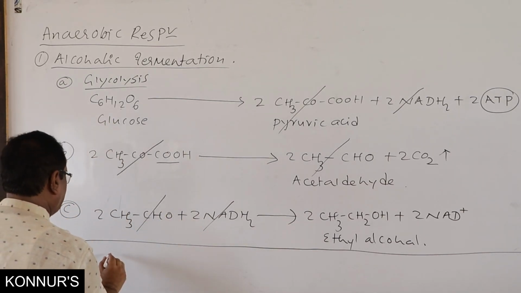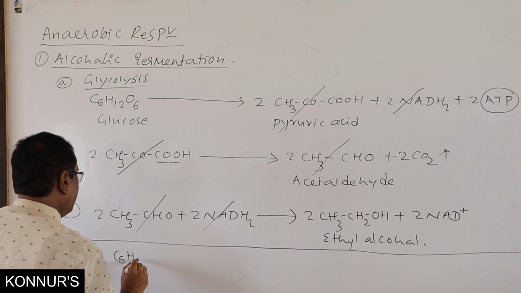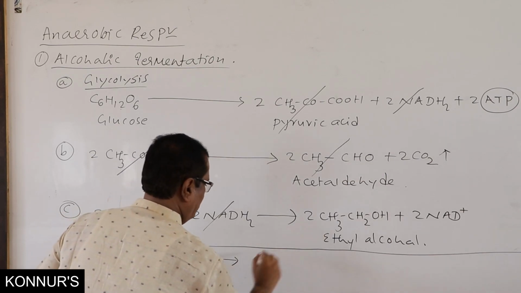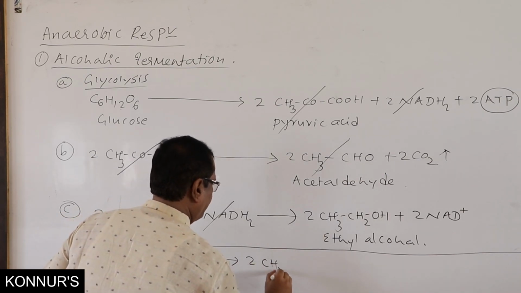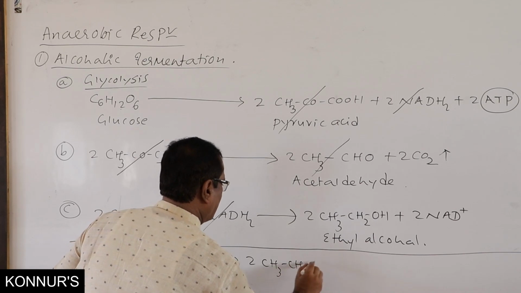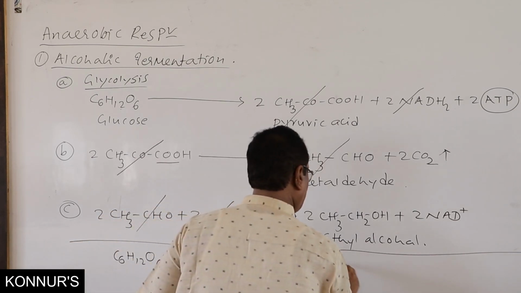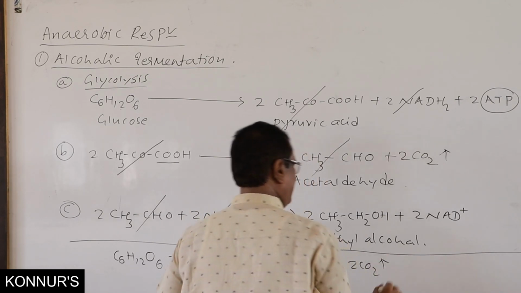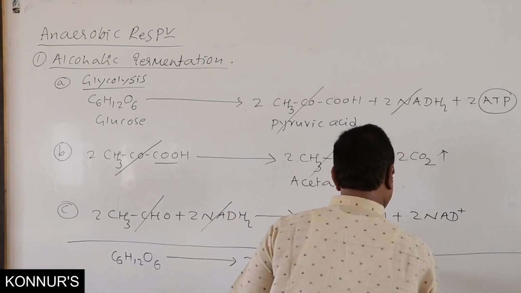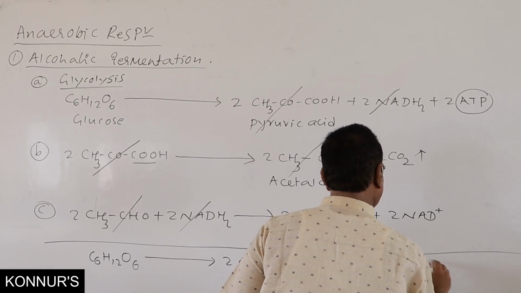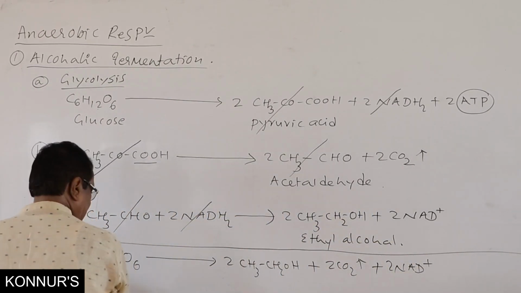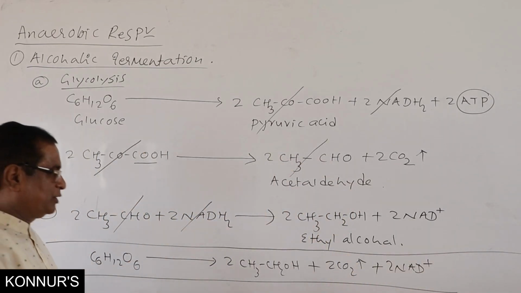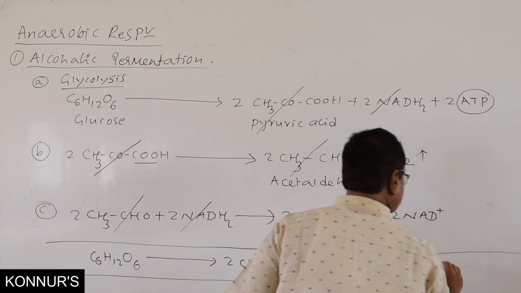The remaining is C6H12O6, this is glucose, giving 2 molecules of ethyl alcohol, and 2 molecules of CO2 are eliminated, and 2 NAD+. This is the equation for anaerobic respiration, and here 2 ATPs.